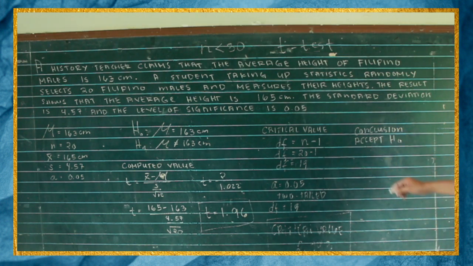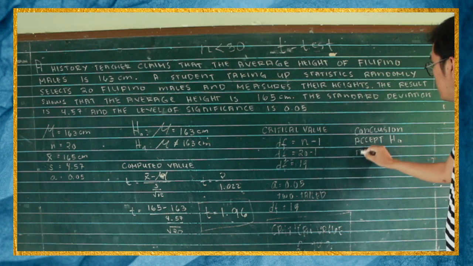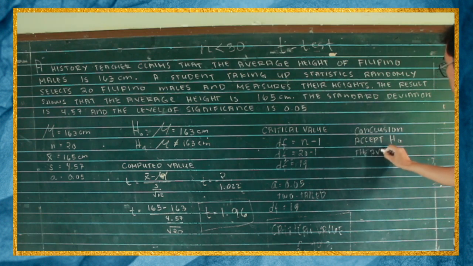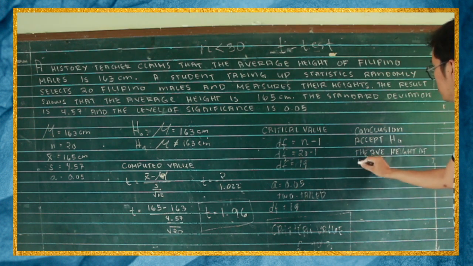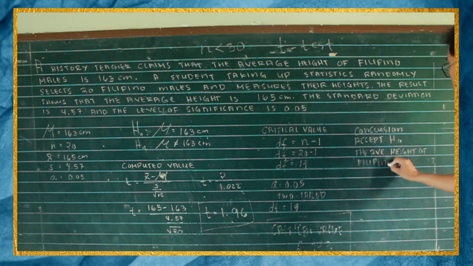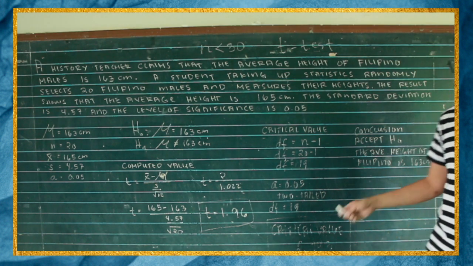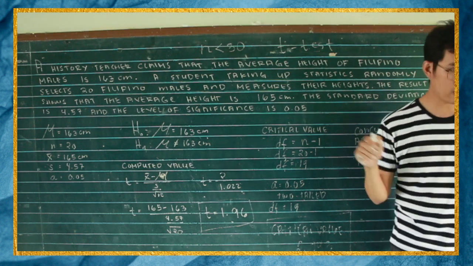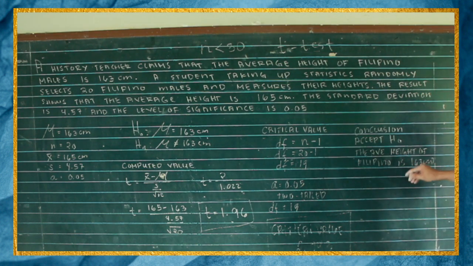It means the average height of Filipino is 163 centimeter. So that is only applicable to 0.05 significance level. So that would be your conclusion.